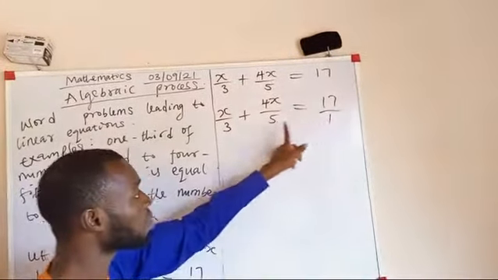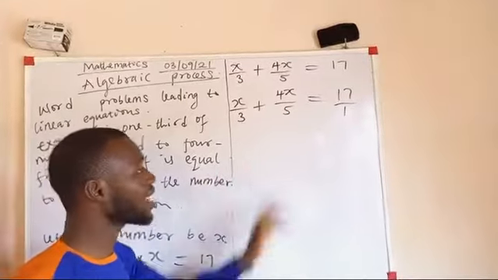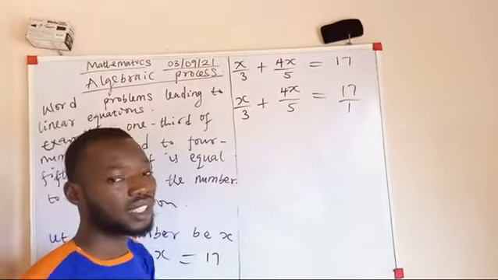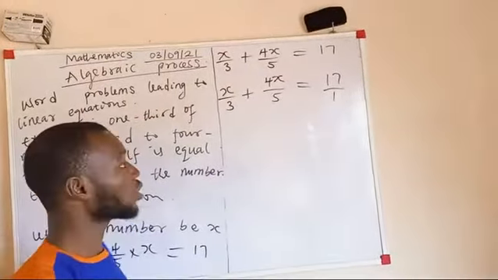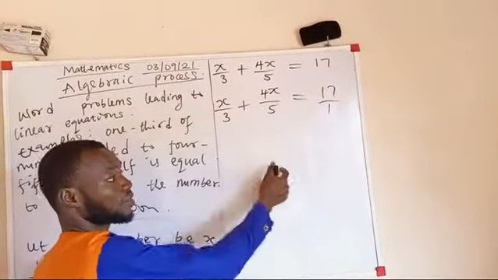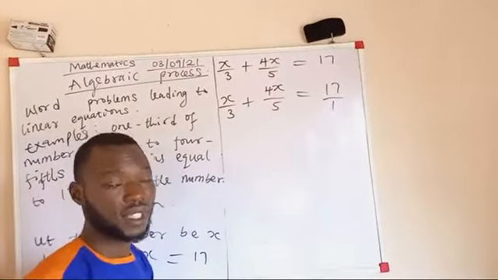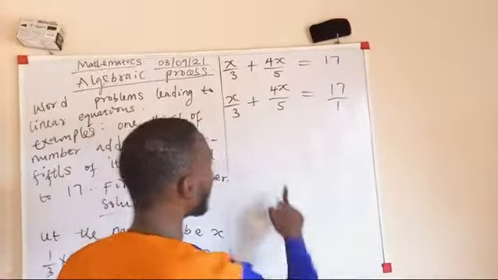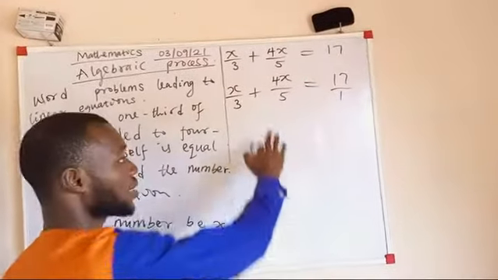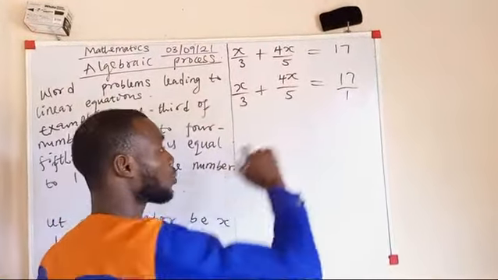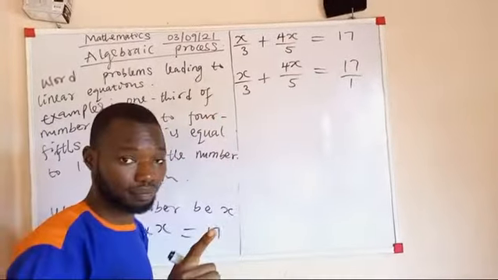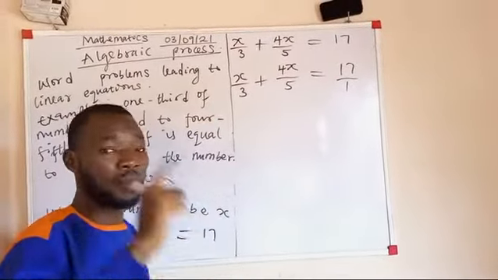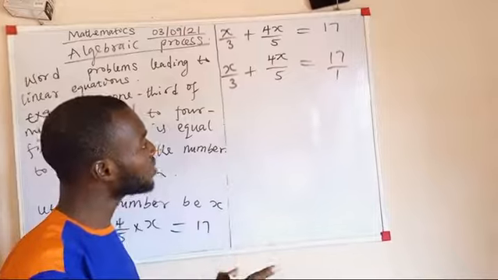We have 1, 5, and 3, and the LCM of 1, 5, and 3 is 15, because 3 can divide 15, 5 can divide 15, 1 can also divide 15. So we have to multiply each term by the LCM, and the LCM is 15.